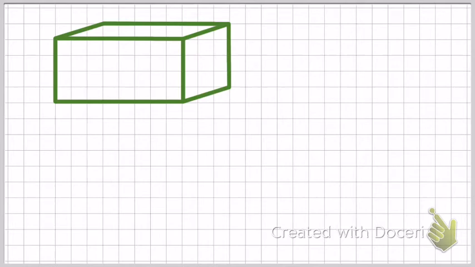Let's say that this is 5 inches. This is 6 inches. This is 12 inches. We're going to solve for the lateral and the total surface area of this prism.